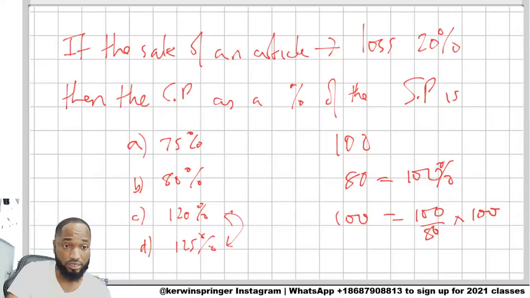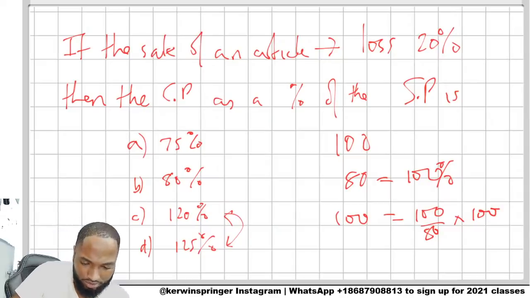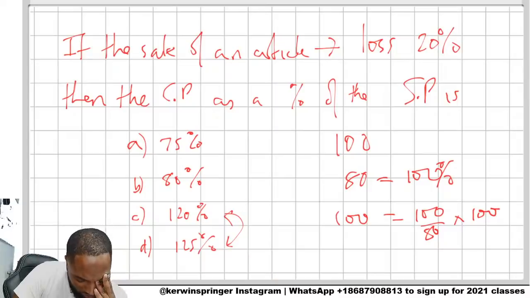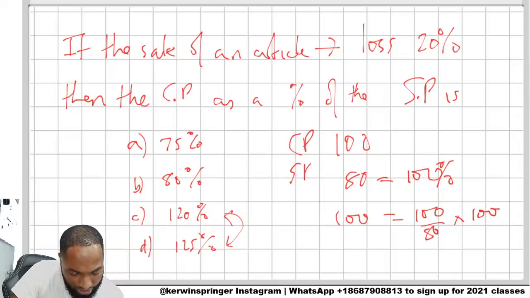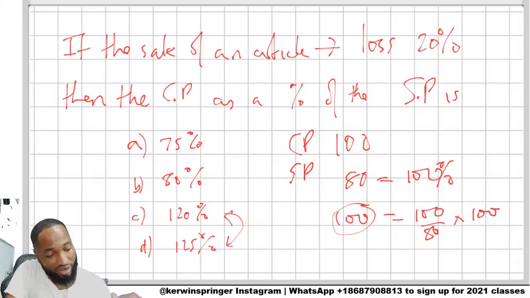Confusing as ever. What am I saying? 100 you pay is the cost price. The selling price has to be 80%, and we're setting the selling price as the new 100%. So 100 would be 100 divided by 80 multiplied by 100.